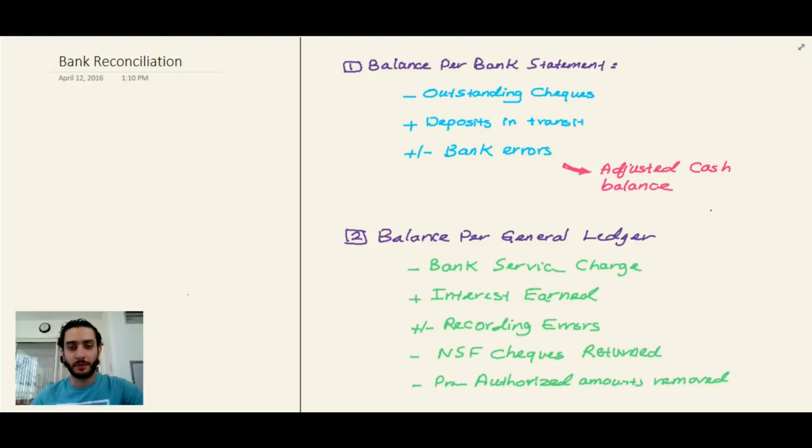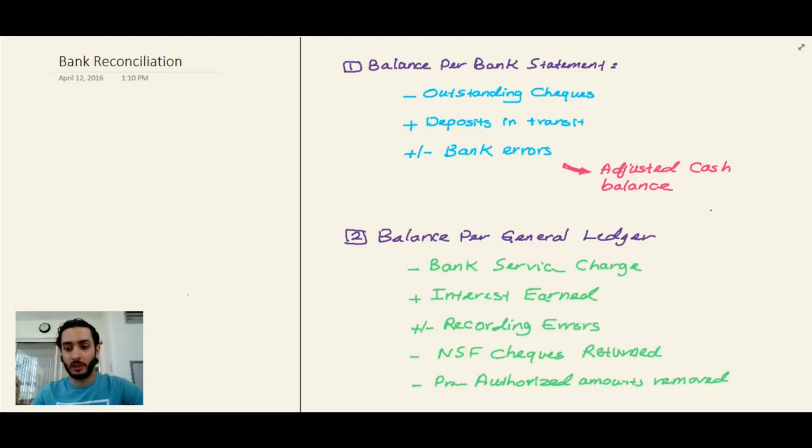So first we have to adjust the balance per bank statement, and what we'll do is deduct any outstanding checks. For example, when we give a check to one of our customers, this customer may not go and withdraw this check right away. The customer may wait for 1 month, 2 weeks, depending on the situation of that customer.